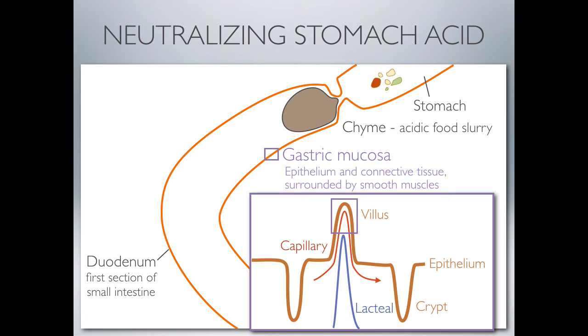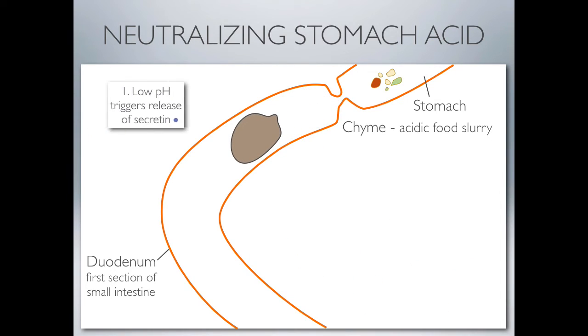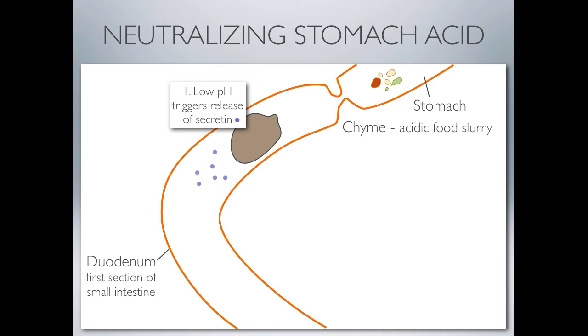So first of all, neutralizing the stomach acid. Those endocrine cells are pH sensitive. And so a certain class of them are going to respond to the low pH of this chyme. Chyme is such a vulgar word, but it seems appropriate. So the chyme activates the release of a hormone called secretin.